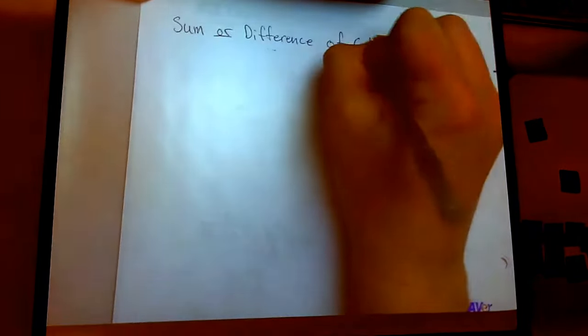Okay, moving on. This one sucks because you have to memorize something. Y'all like memorizing or else you wouldn't be here. Sum or difference of cubes.